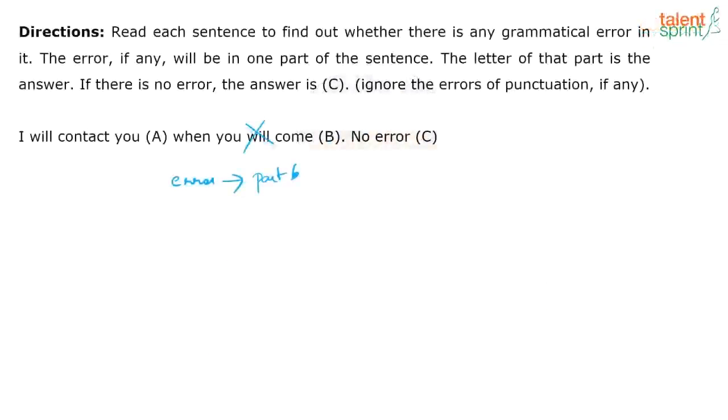This one is an unnecessary modal. The error is in part B, not in A, because you need will there, since the context meaning is certainty: I'm promising you I will contact you. So all we have to do is delete will in part B.